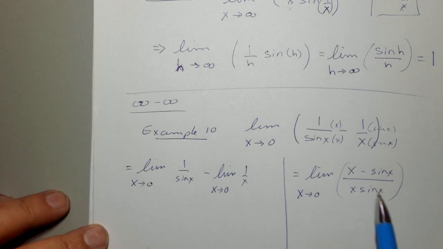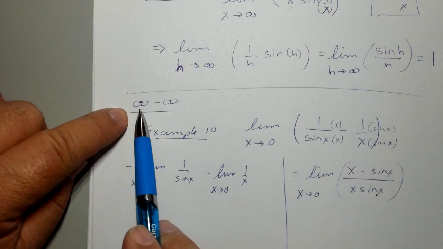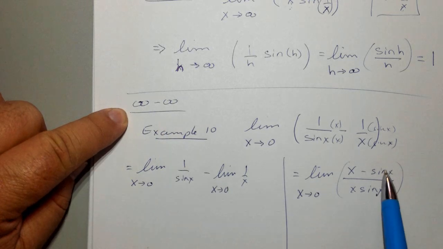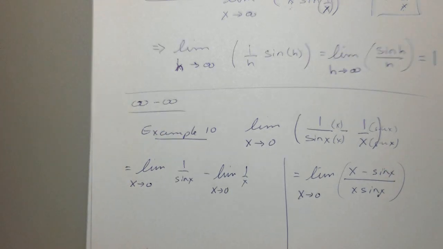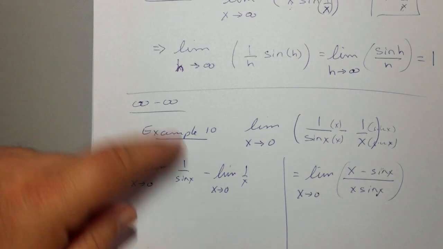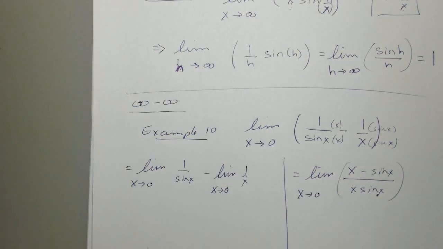Because what have you just done when you do this? We've now converted it from infinity minus infinity to 0 over 0. This way, we'll just have longer, more drawn out derivatives.